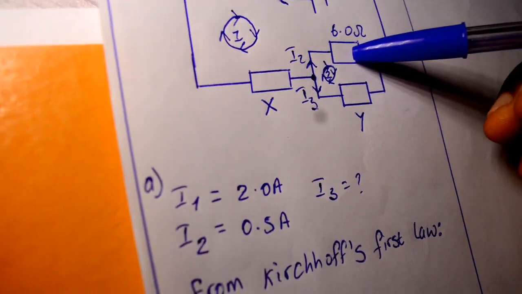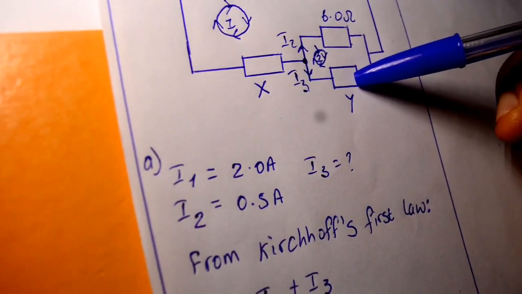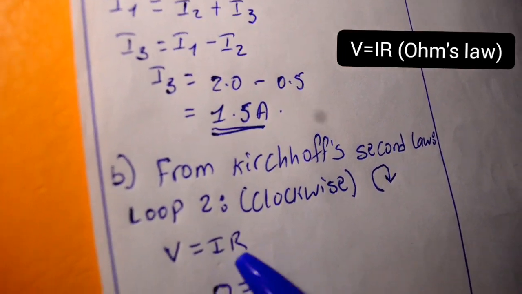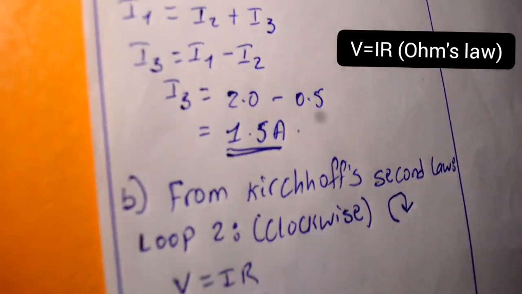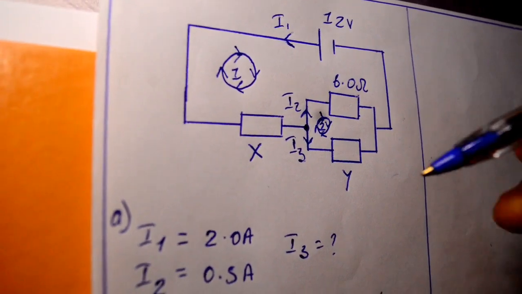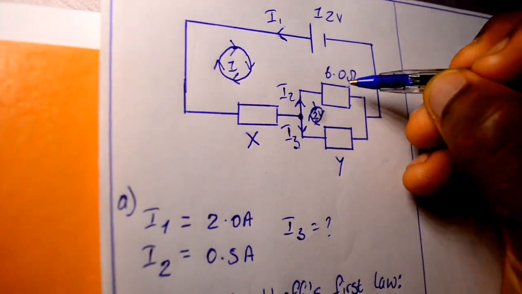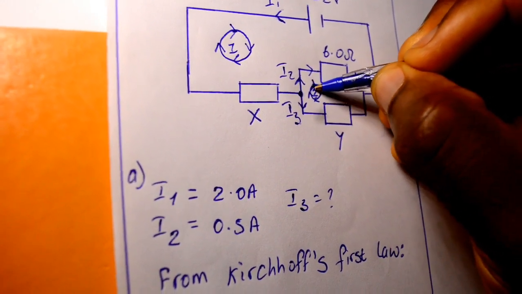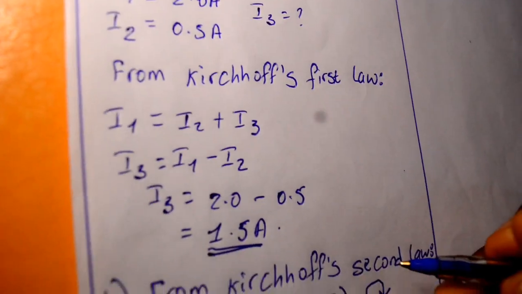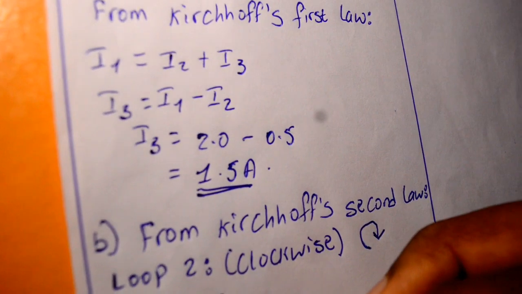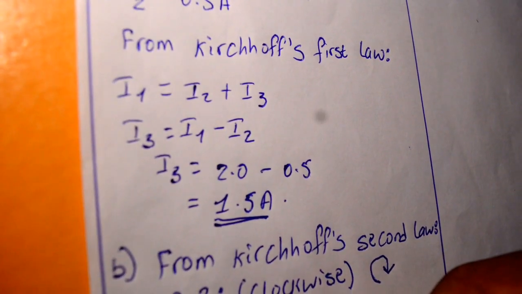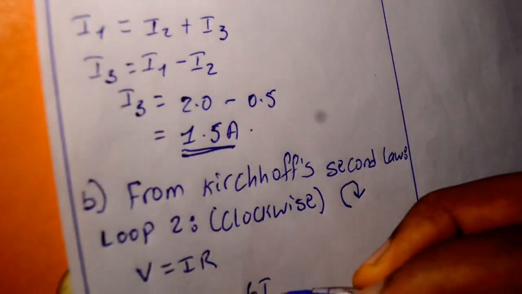This is the first resistor here. This is the second resistor. And remember, voltage is equal to current times the resistance. The current moves like this, and the loop is clockwise in the same direction, so it's positive resistance and the current. The current here is I2.